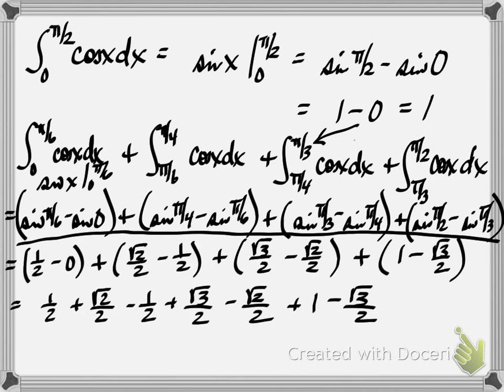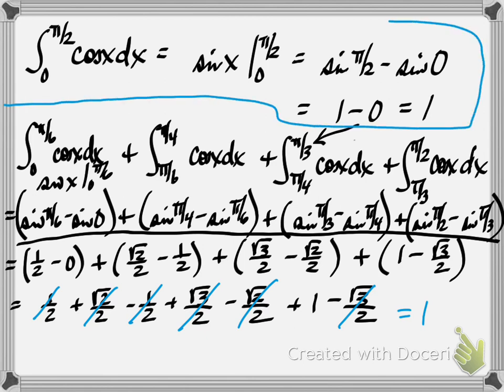Okay, so I've evaluated the sine at all those angles, and I've dropped my parentheses, and we've got several things that are going to cancel. And the only thing left is 1. So we can save ourselves a huge headache if we were to do it this way and trust the accumulating process.